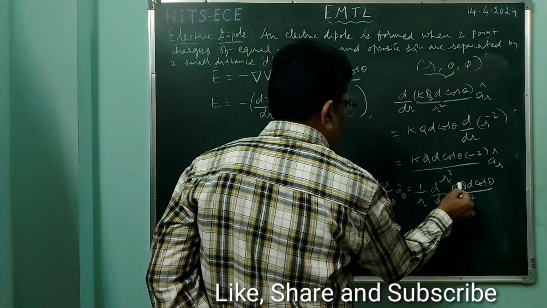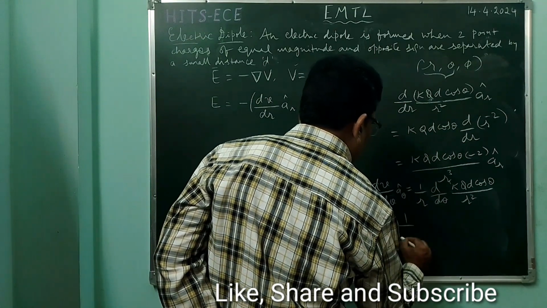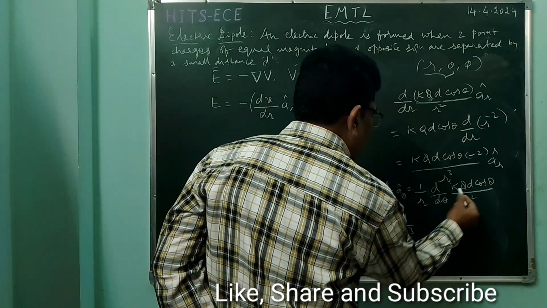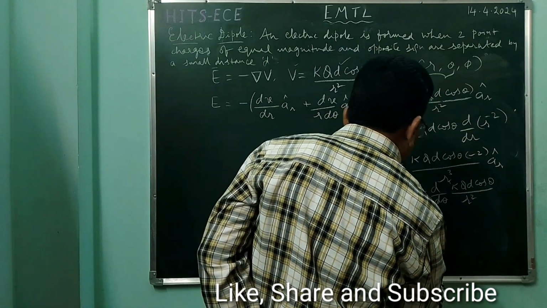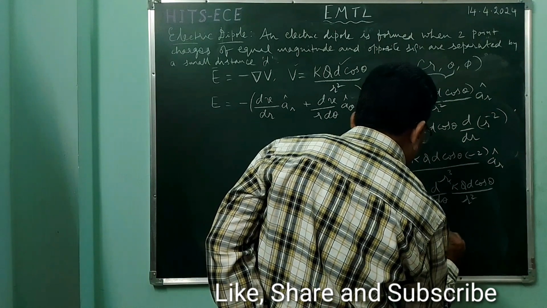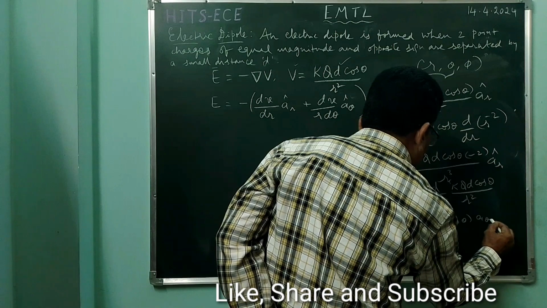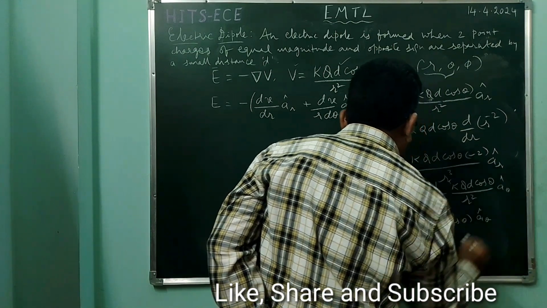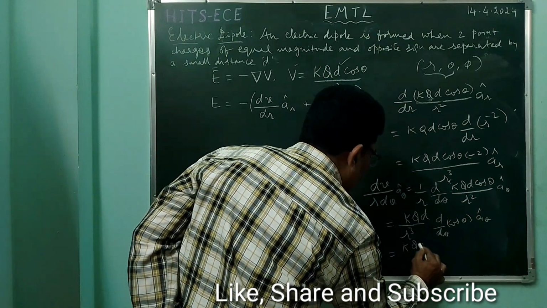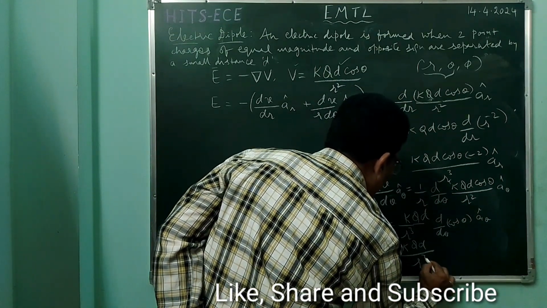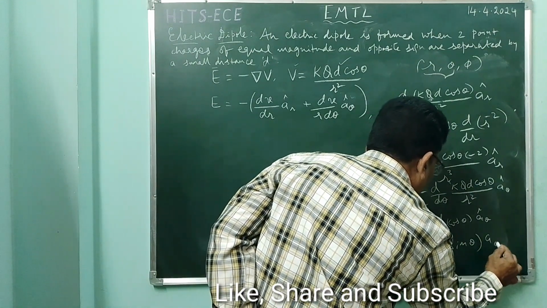These constants are K, QD and r square. So we get 1 by r cube, bring out K QD into d by d theta of cos theta into a theta cap, which is equal to K QD by r cube into minus sin theta into a theta cap.